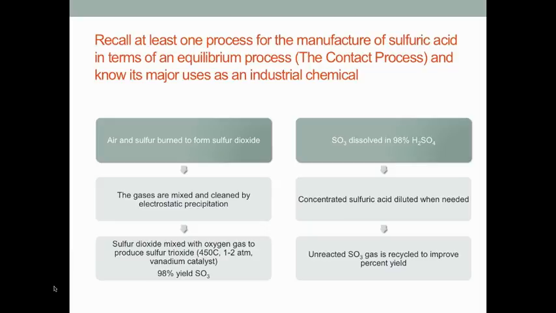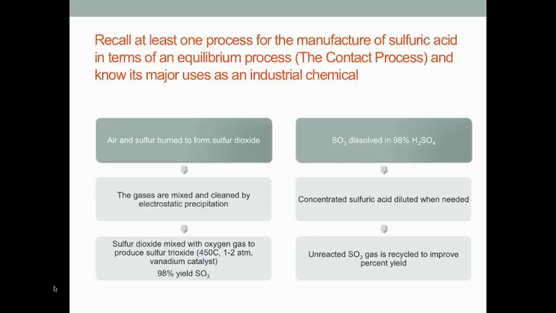With sulfuric acid that we have made before, we dissolve that sulfur trioxide and it continues to make sulfuric acid.